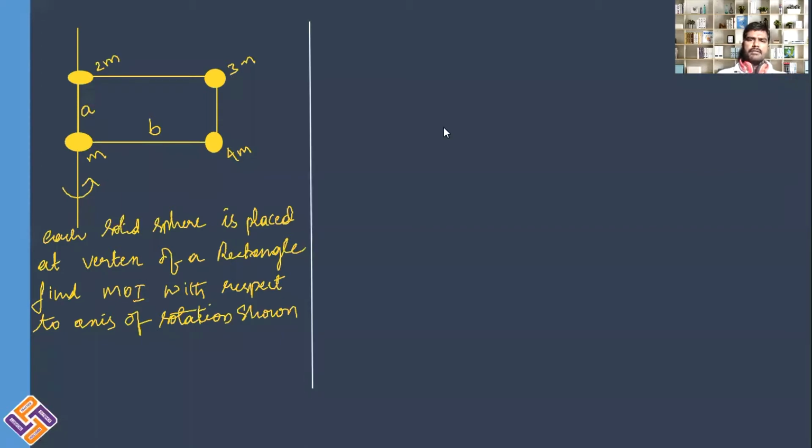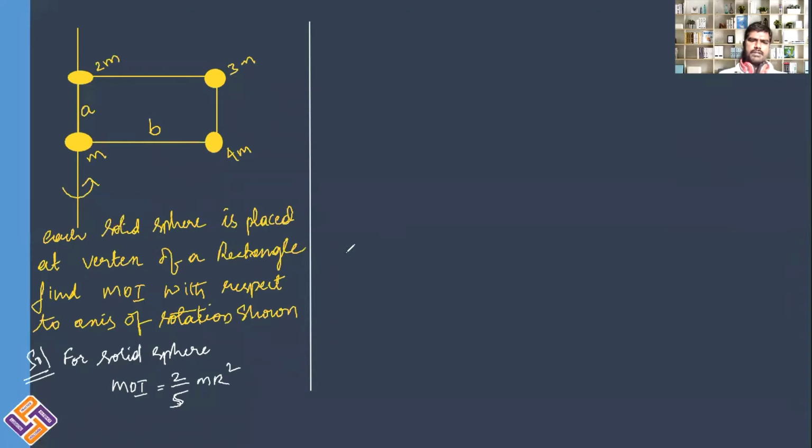For a solid sphere, we know the moment of inertia is equal to 2 by 5 m r square, where r is the radius of the sphere.